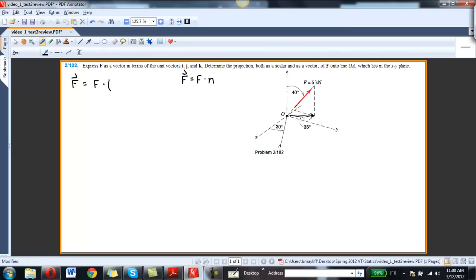So we'll first have to find this F, which we'll call Fxy, and that's going to be equal to the cosine of 50, because we know that this angle here is 50. So cosine 50 times F. And Fz is going to be F sine 50.